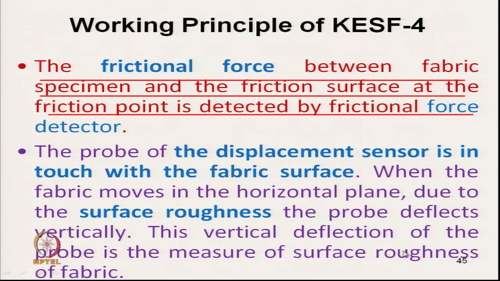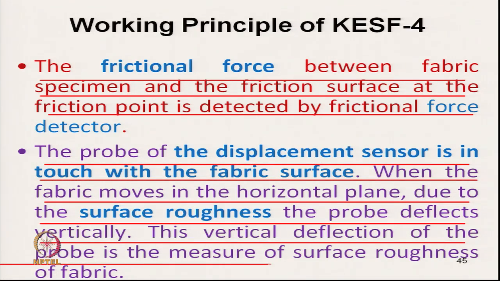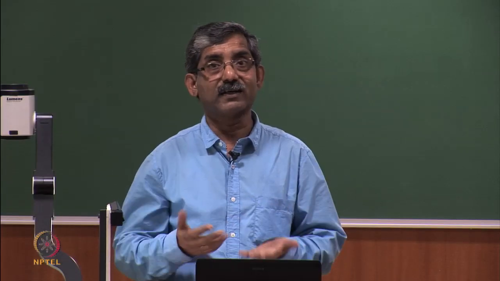This vertical deflection of the probe is the measure of surface roughness of the fabric. So one detects the frictional force and the other detects the deflection, and we measure both the frictional and surface roughness characteristics. KESF actually measures the surface related characteristics.